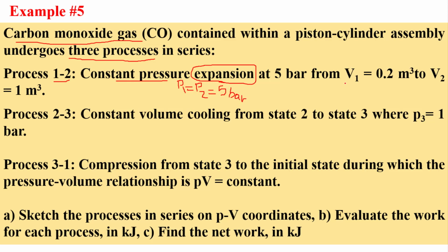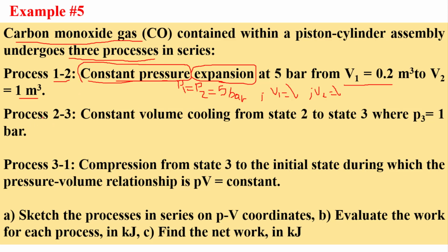It is an expansion, so expansion means the volume V1 is smaller than V2. This expansion happens from V1 to V2. V1 is given and V2 is given, and this is an expansion process. But what is the type of this process? Constant pressure.